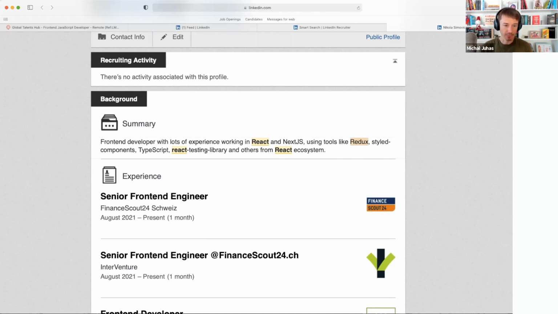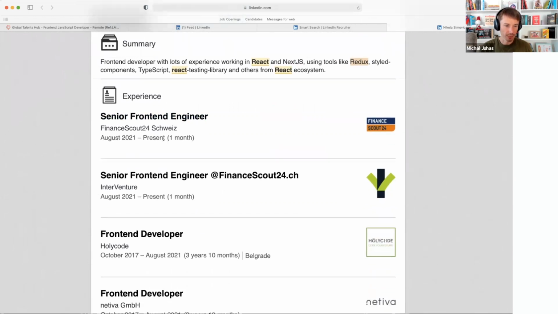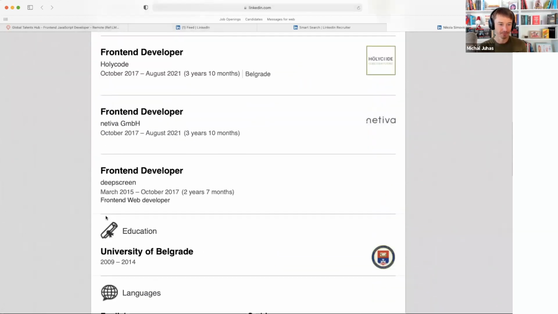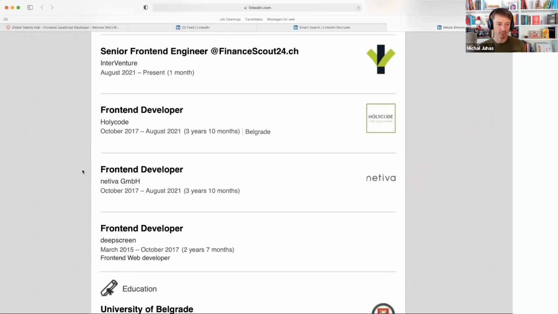Styled components, TypeScript. So he has been a senior front-end engineer for the last month. Well, he just joined this company, so I guess we will not approach him if he just started. Still in his trial period. And he started in 2015, so about 5.5, 6 years of experience.